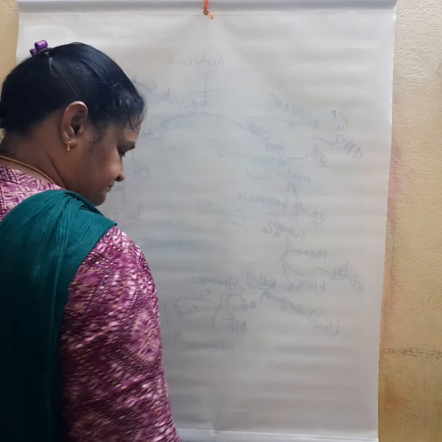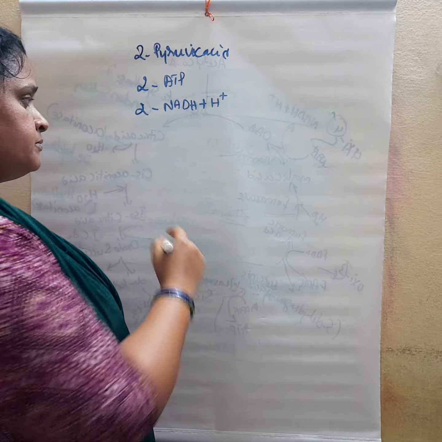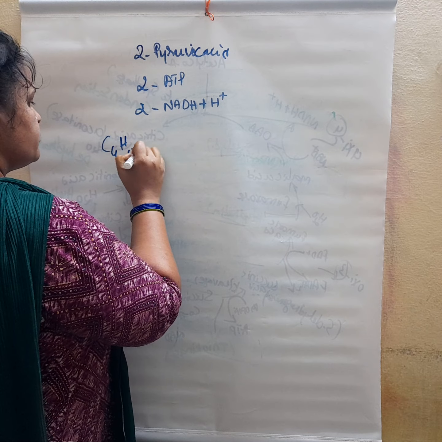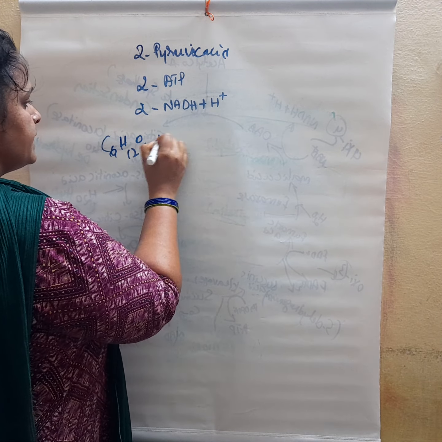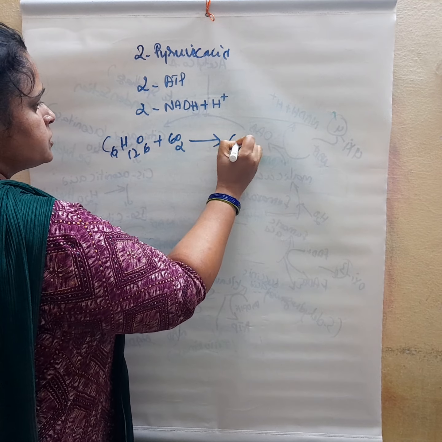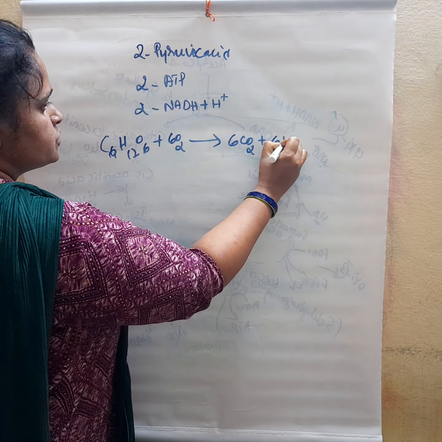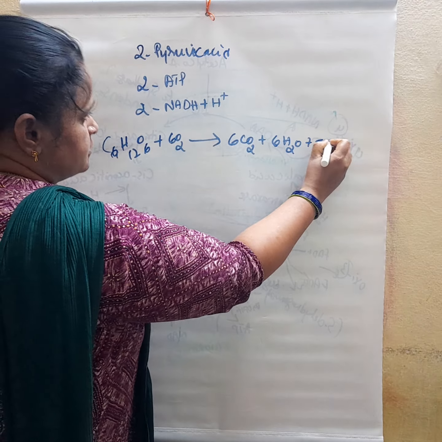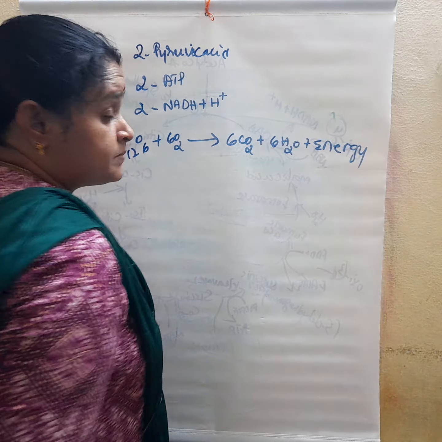What is the end product of glycolysis? 2 molecules of pyruvic acid, 2 ATP and 2 NADH. What is the ultimate product of respiration? C6H12O6 plus 6O2 gives rise to 6CO2 plus 6H2O plus energy. This is the equation for respiration.